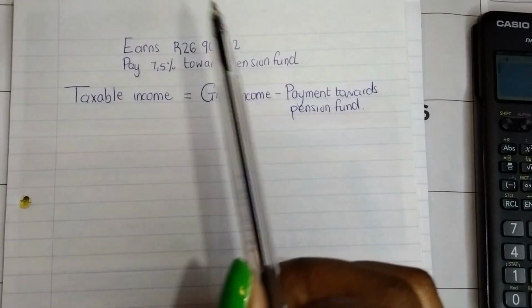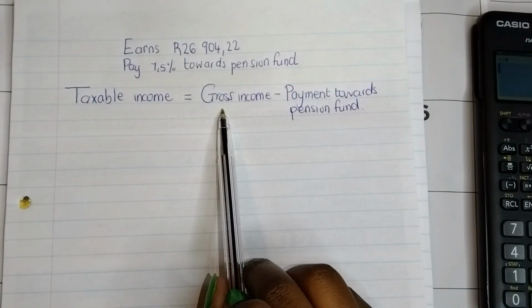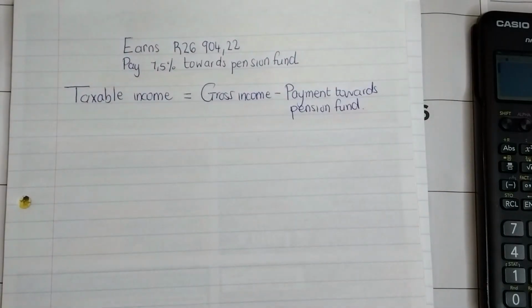Once I've got the monthly taxable income, I will multiply that by 12 to get the annual taxable income, because it's a year.